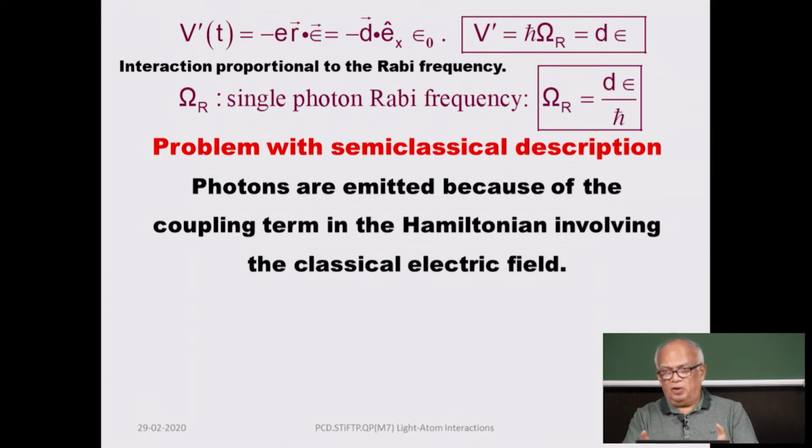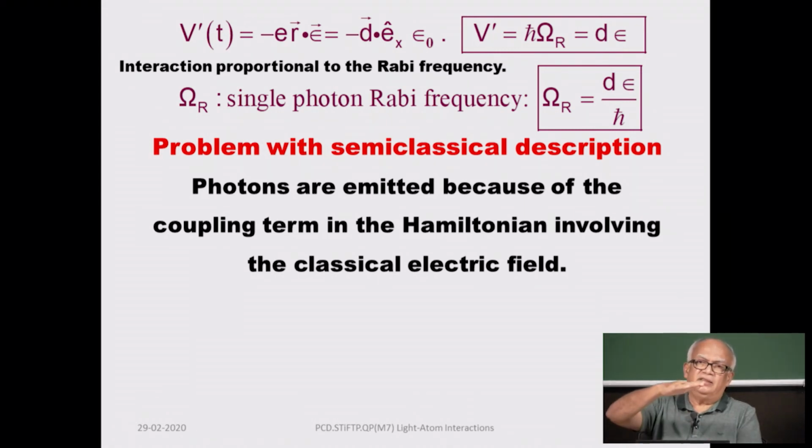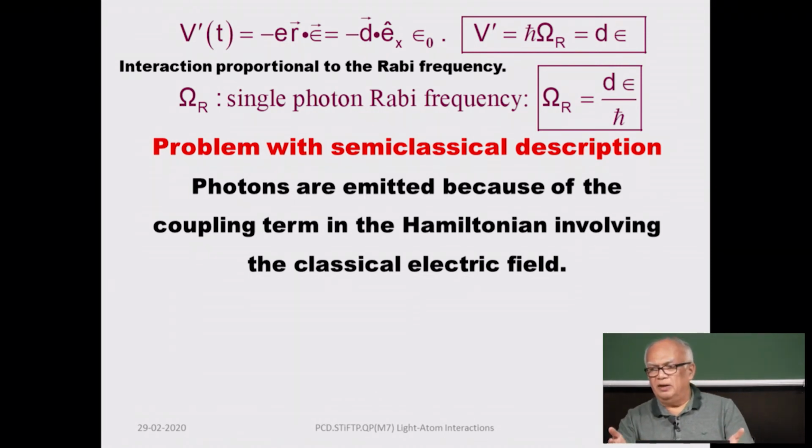Okay. So you cannot have this interaction, and the atom will not undergo a transition from the lower state to the excited state, nor from the excited state to the lower state. And in a number of atomic systems in an electromagnetic field, even if you set in the Rabi oscillations, they are going to die out because of this.